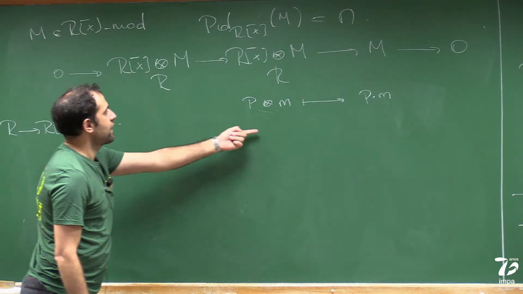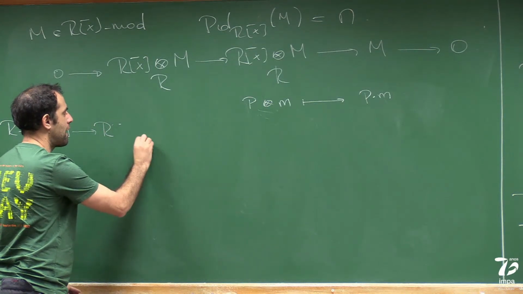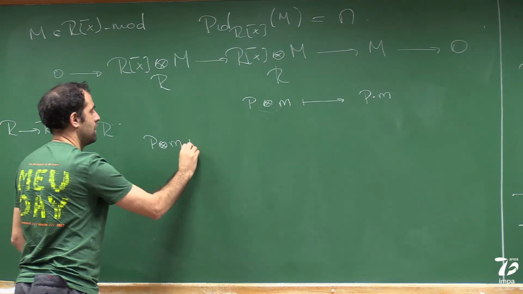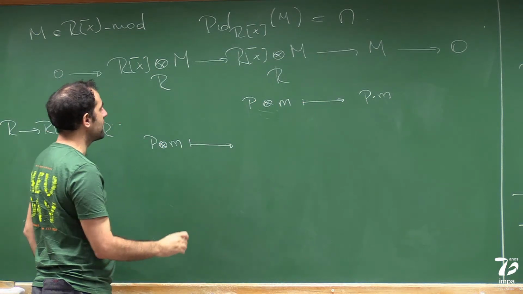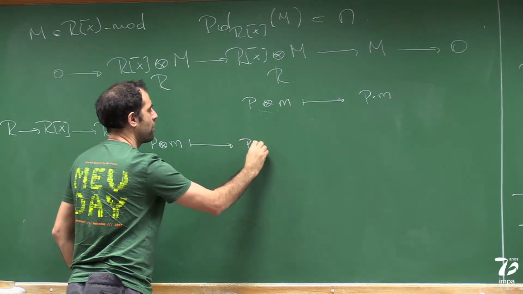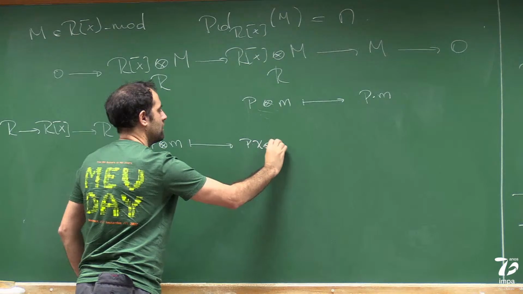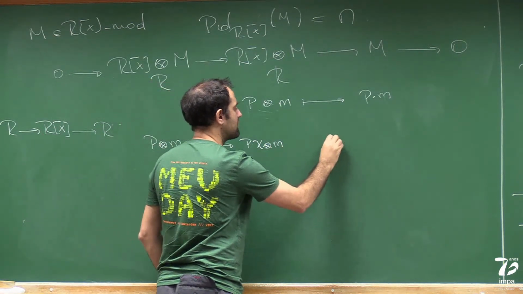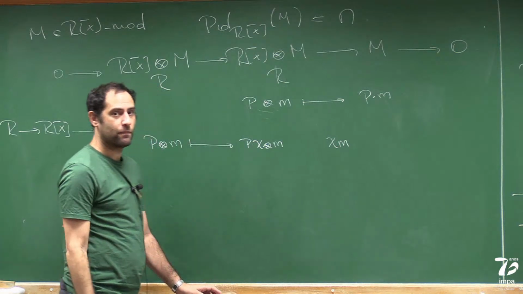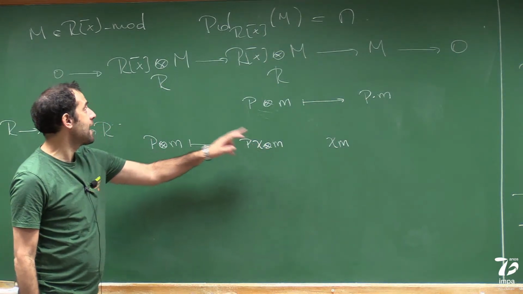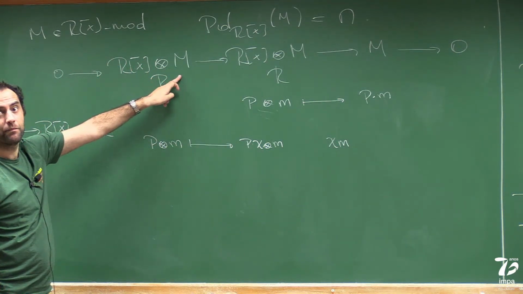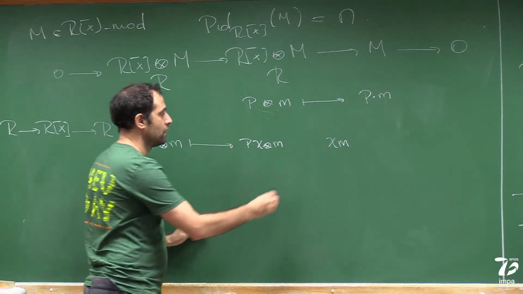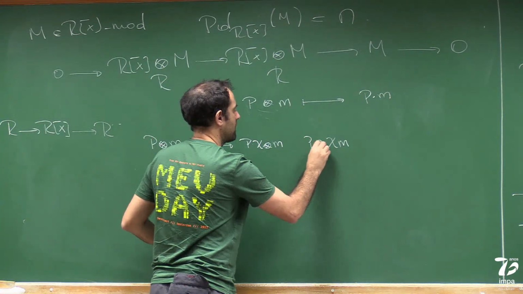The map here, on the other hand, is slightly different. If you have a polynomial here and an element in M, what you can do is two things. You can multiply your polynomial by x and leave your element alone, or you can multiply your element by x, because here I'm using the action of R[X] on M, even though I had forgotten it when I view it as an R module. So I could do this, and you can take the difference.